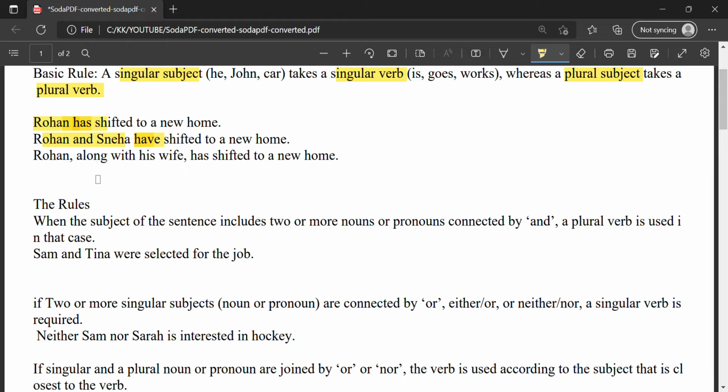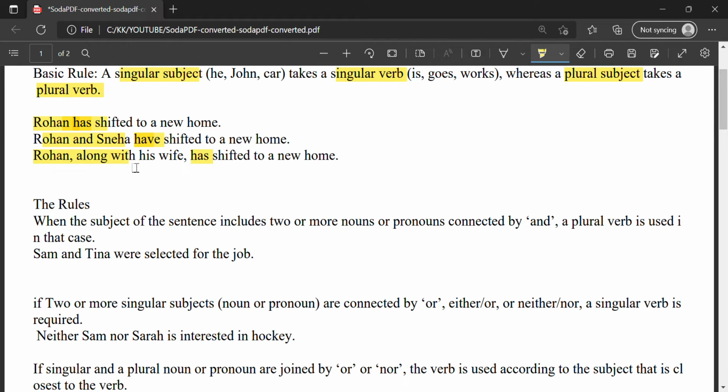Next, be careful with this. The third example I have is: Rohan along with his wife has shifted to the new home. Though two persons are used in the sentence, the use of along with separates the subjects.